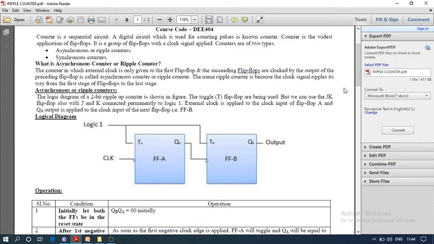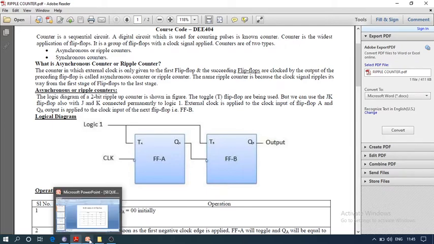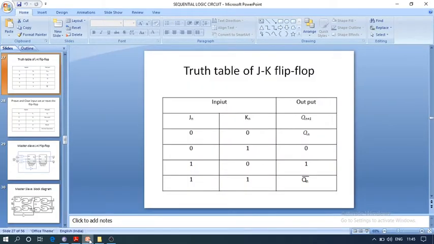So the logical diagram is shown of a two flip-flop or 2-bit ripple counter, because here 2 flip-flops have been used. Toggle flip-flops are being used, that is J and K are connected together. If we remember the JK flip-flop, the truth table is like this.